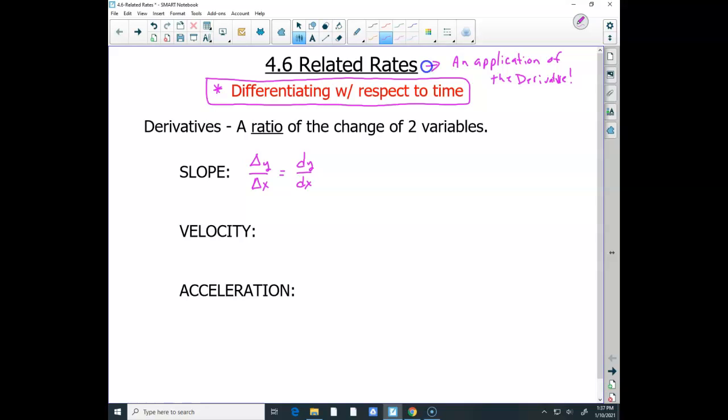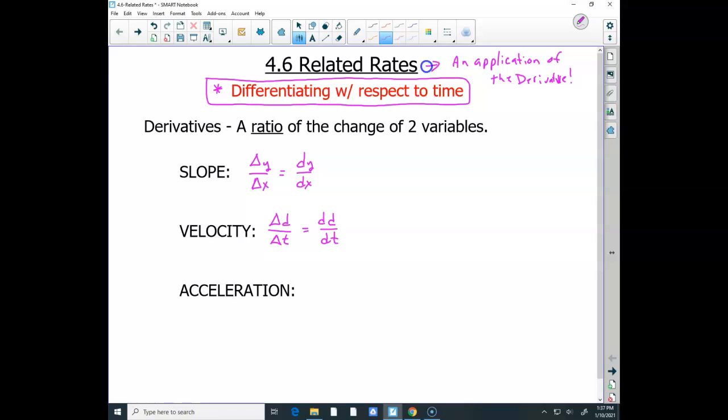And velocity. Well, what is velocity? Velocity is change in distance divided by change in time. And of course, because we're in calculus, we can express that using differentials, calling it dd over dt, change in distance over change in time.